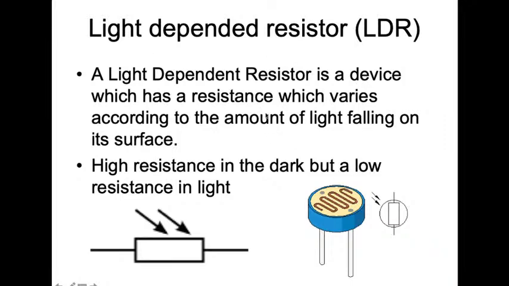So it's the special component or device that has a resistance that varies depending on the amount of light that's on its detector surface. All right, you'll see this symbol if it comes up on a circuit representing a light dependent resistor. So they usually have high resistance in the dark and low resistance in the light.